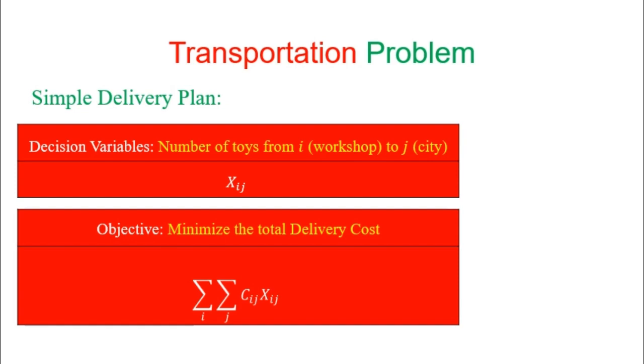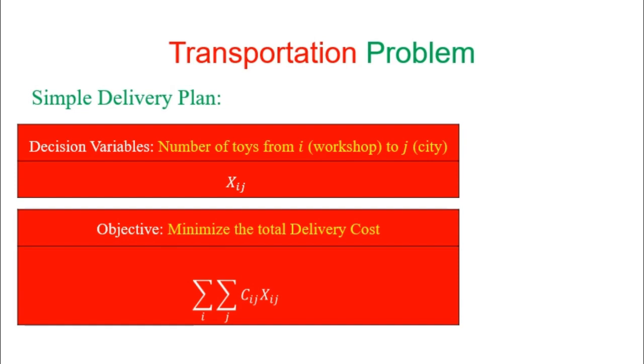But if I'm saying that I want to minimize the total delivery cost, then I need to know what is the costing associated with a unit of toys being supplied from ith origin to jth destination, right? So if I'm supplying xij quantities from ith origin to jth destination, then the cost associated with that is Cij.